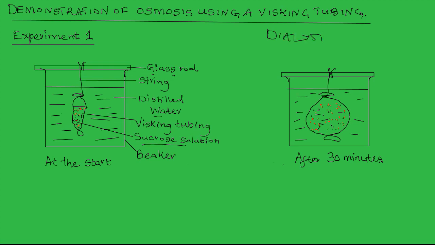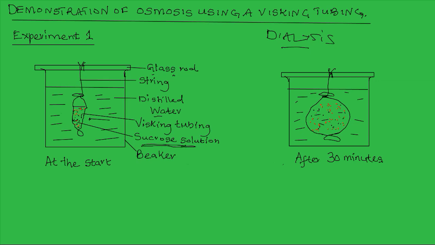In this experimental setup, a Visking tubing is half filled with sucrose solution. The Visking tubing is supported through a string on a glass rod that is then immersed in a beaker that contains distilled water.